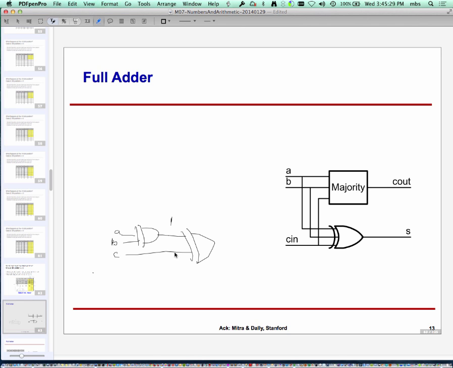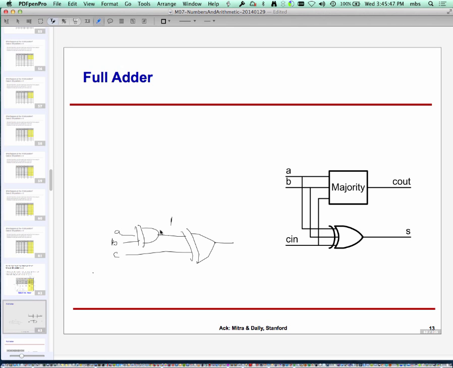Now if C is 1, then that means I have an even number of 1s, because if C is also 1, then I would have an even number of 1s and I would want an output of 0, which is what this XOR gate will do. If on the other hand C is 0, then I have an odd number of 1s, I'm okay out here.